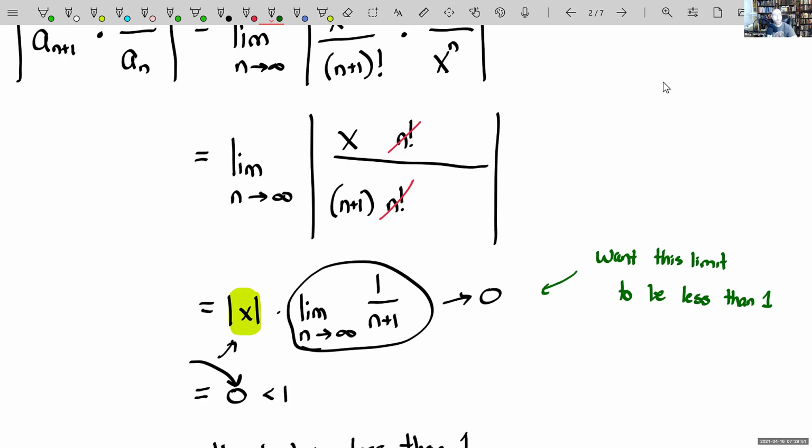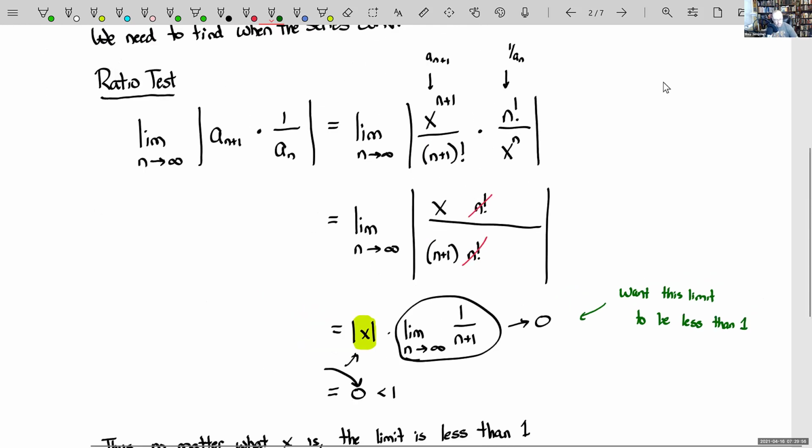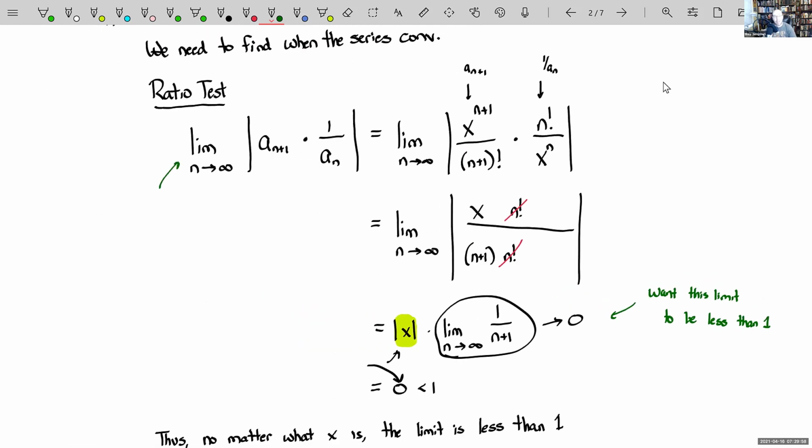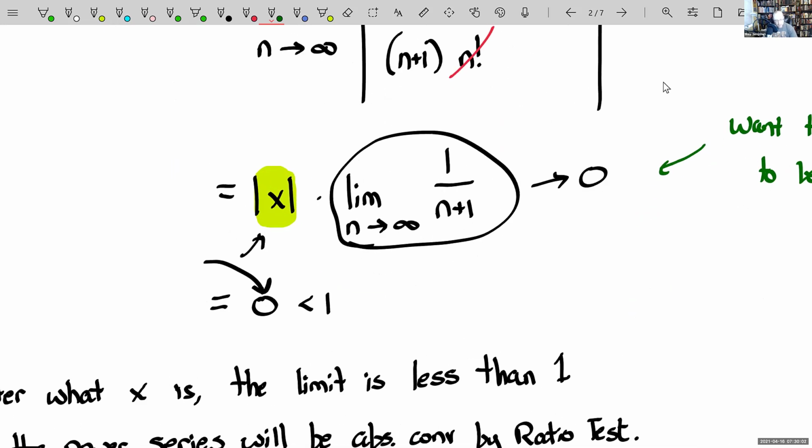That's the whole ratio test: you want the result of your limit process to be less than 1. But what we found was, no matter what the value of x is, that limit right there is going to tend to 0, and 0 times whatever x is still 0. And so that will always be less than 1. A great way to say that is to say that limit will always be less than 1.